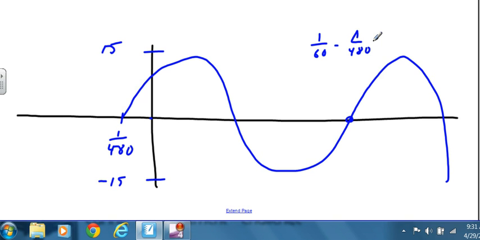Stupid computer anyway. This is 8 over 480 minus 1 over 480, so this would be 7 over 480. Our time is in seconds, and this guy's amps. Are we done graphing it? Yeah, I think so.